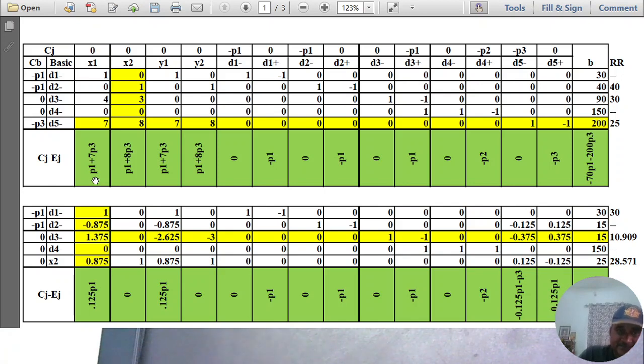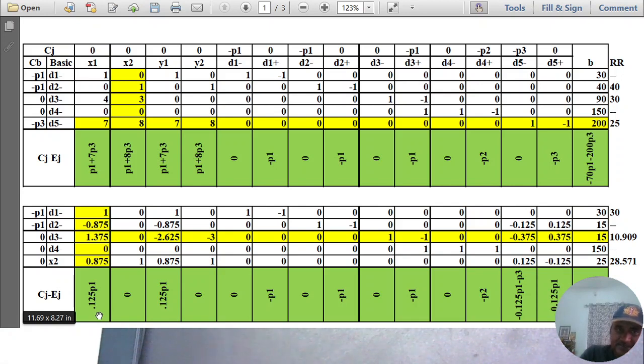If P1 doesn't exist, then coefficients of P2 will be seen. If it has a positive coefficient, whatever be the coefficient of P3 and other priorities, may it be positive, may it be negative, but if P2 is positive and P1 doesn't exist as a positive coefficient anywhere in Cj minus Zj row in the concerned iteration, then that won't be the entering variable, right?